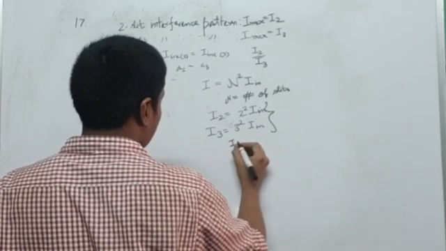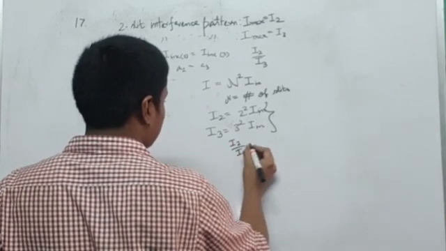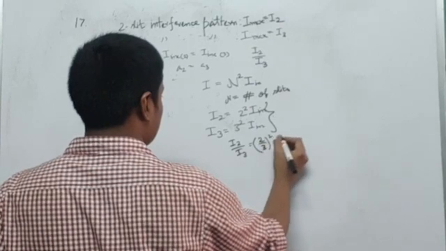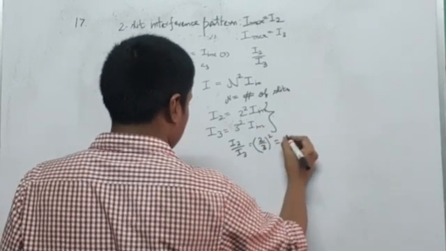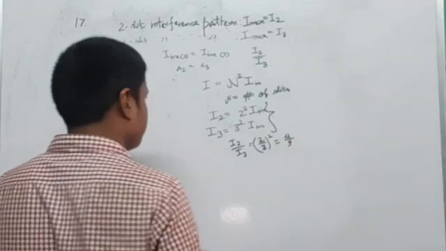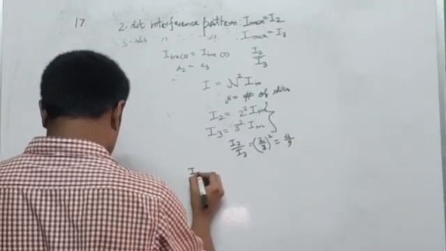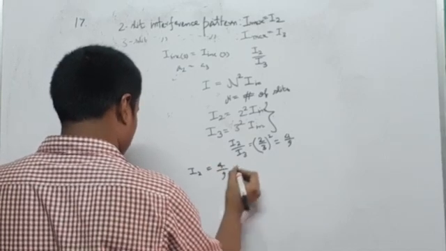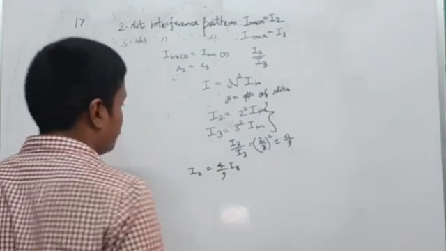And so therefore I2 over I3 would be simply (2/3) squared, or about 4 over 9, which means I2 is about 4/9 times I3.